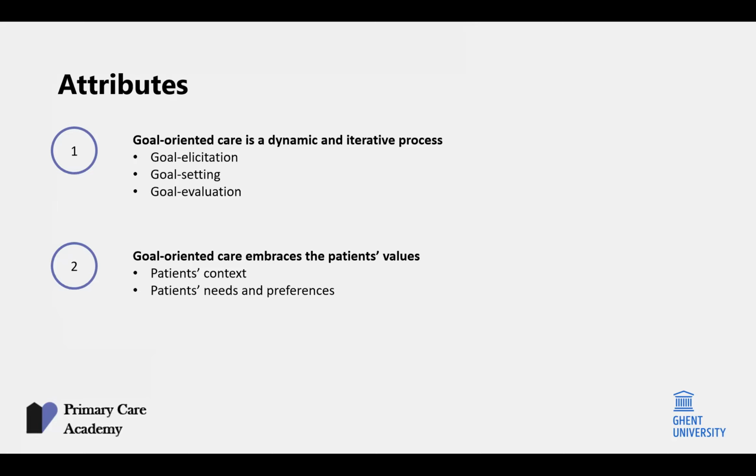In addition to stressing the philosophy of care, there are two more underpinning attributes: the patient's context and the patient's needs and preferences. They have to form a common thread throughout the entire process, and they have to be represented in every stage of the goal-oriented care process.